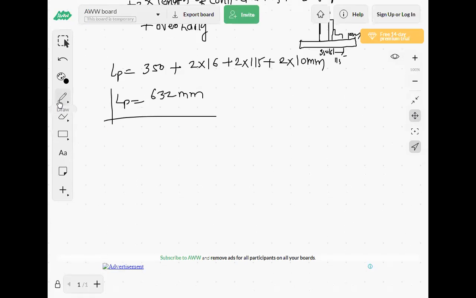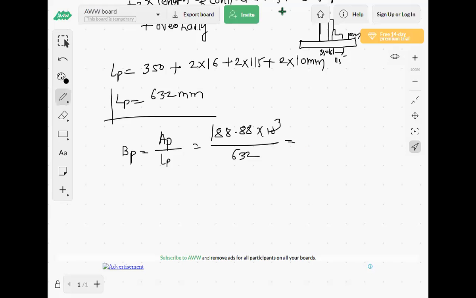Now we have to calculate the width of plate. Width of plate is equal to what? Area of plate divided by length of plate. Area of plate is 188.88 into 10 raised to 3 divided by length of plate, 632. So how much is the width of plate?